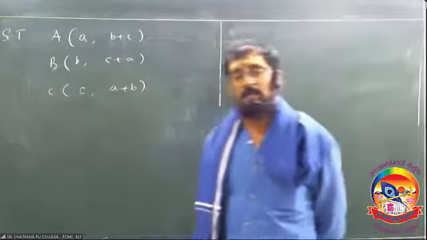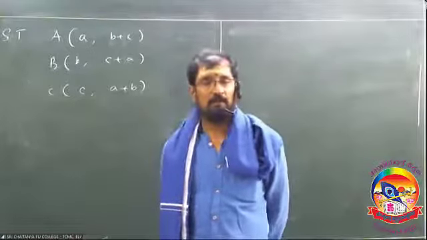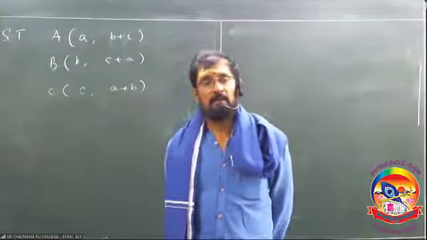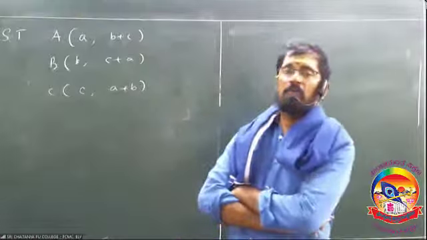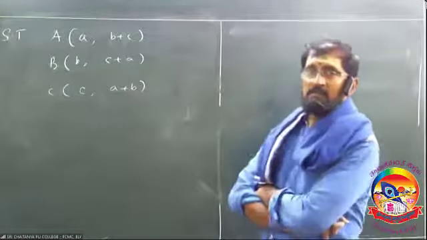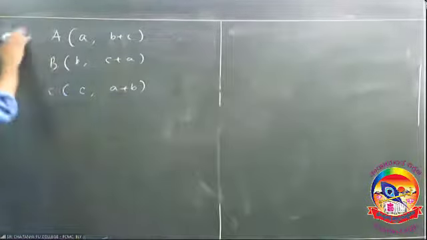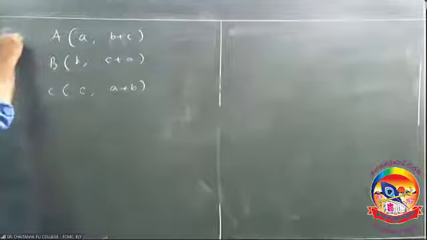Three points are said to be collinear if the area formed by those three points is equal to 0. That means just find out the area of the triangle formed by these points.